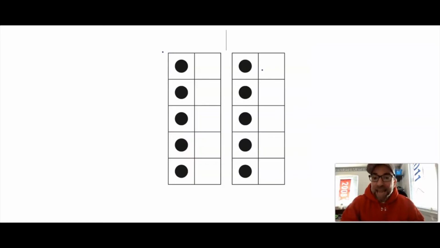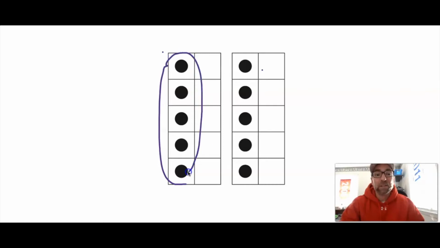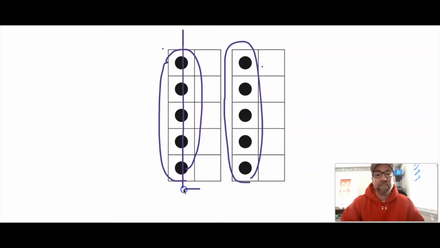There are 10 dots. Do you know that a lot of first graders, they say, oh, look at this, Mr. Enzi. I know there's 5 here. The whole column is filled up. That's 5. And then they say, and I see another 5. And I know 5 plus 5 equals 10.